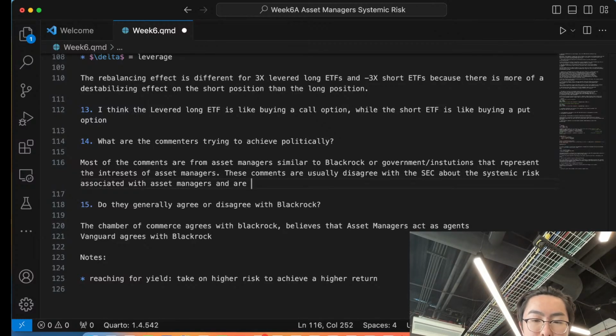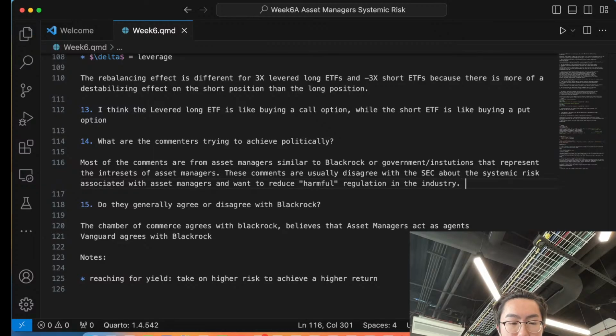These comments usually disagree with the SEC about the systemic risk associated with asset managers. They want to reduce harmful regulation in the industry.